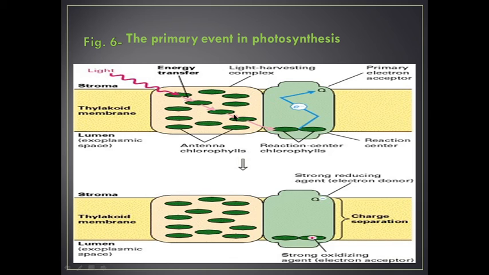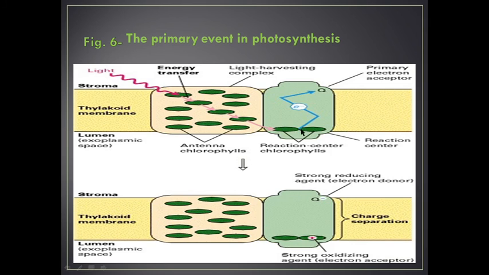Now this harvested light captured by the antenna complex is transferred towards one molecule and its electron. Now this electron takes this solar energy, radiant energy, and moves to transfer this energy.